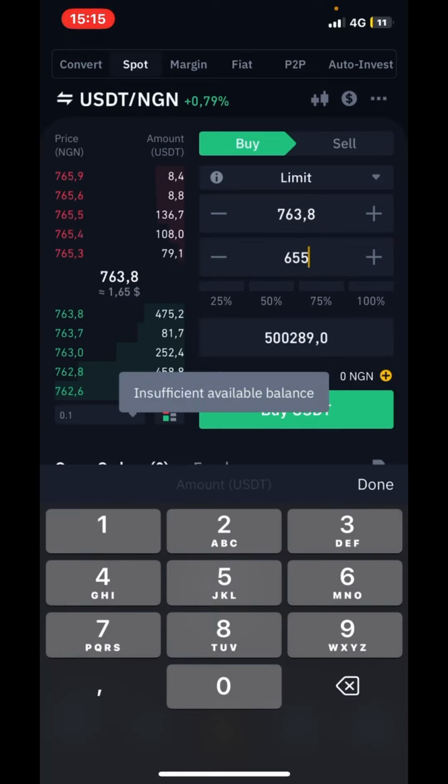So we get more than 500,000 naira when we have in our accounts. So don't worry about that. This is how much you are going to get in dollar if you buy this rate, 655 USDT. So after doing that, now you have 655 USDT on your account.